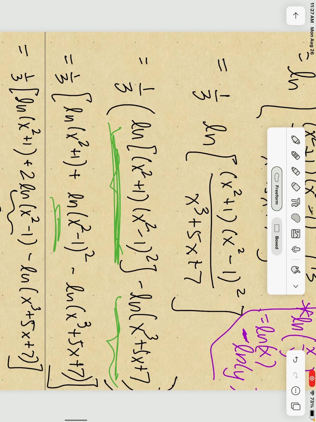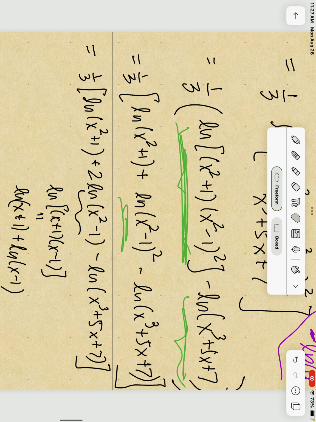Another common mistake is not, quote unquote, simplifying this. A lot of times, students will split this up into ln of x cubed plus ln of 5x plus ln of 7. That's just completely wrong. Okay, thanks.